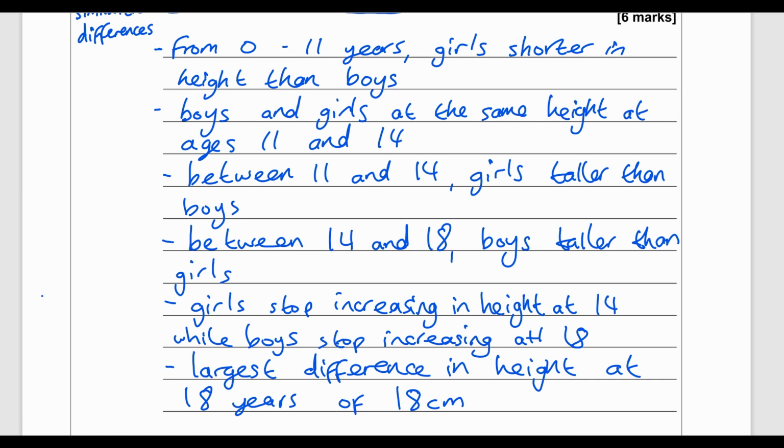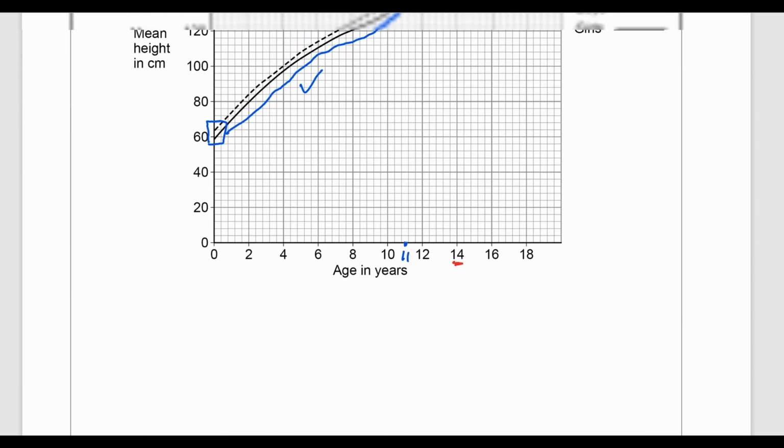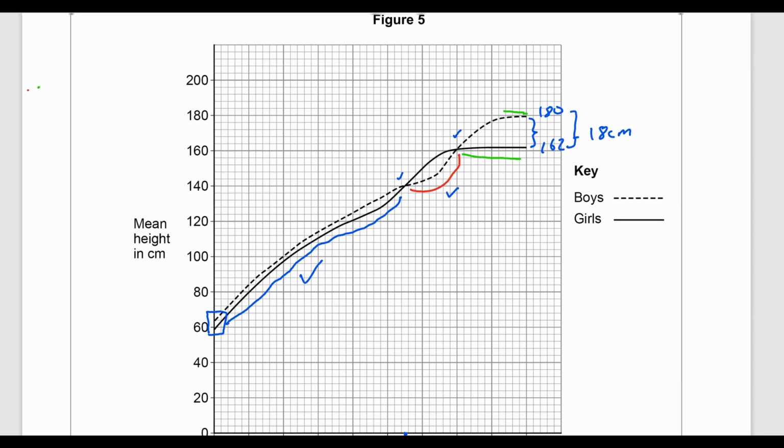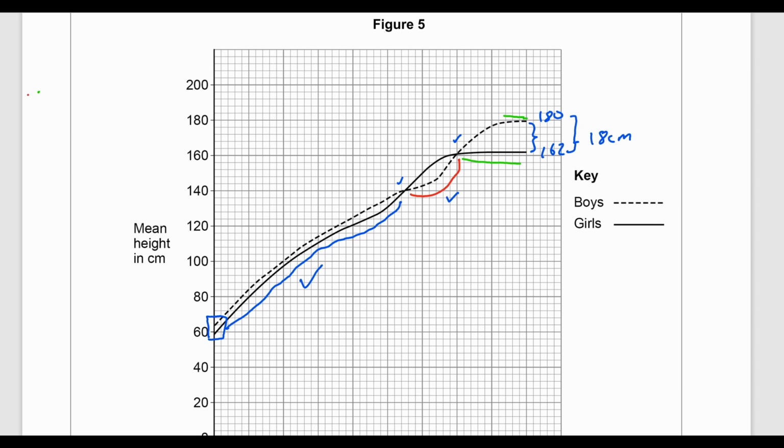If we want, we can also talk about the rate of their growth, so how fast they grow. To figure that out, we would need to look at how steep the lines are. So let's look at a part where there is a big difference in this rate of growth. We can see between ages 11 and 14, there is a clear difference.